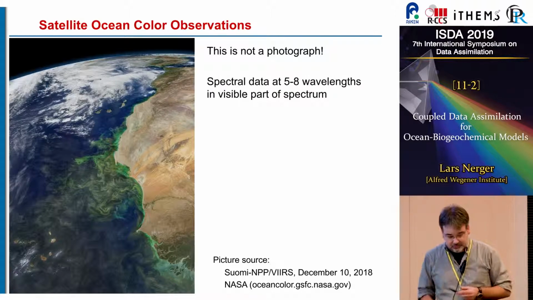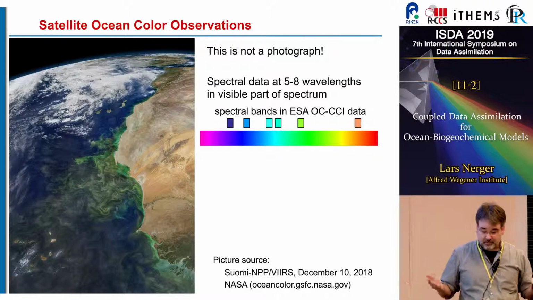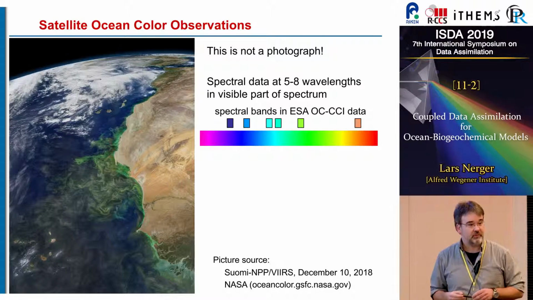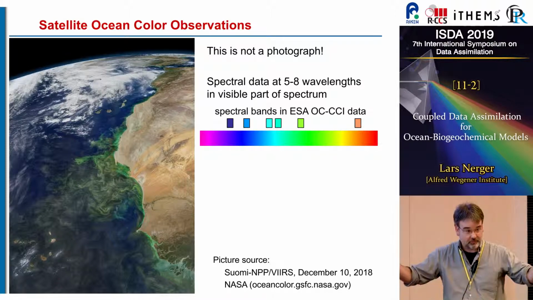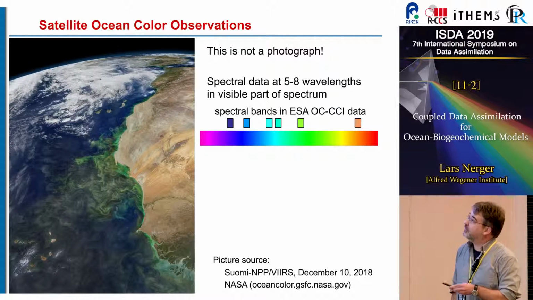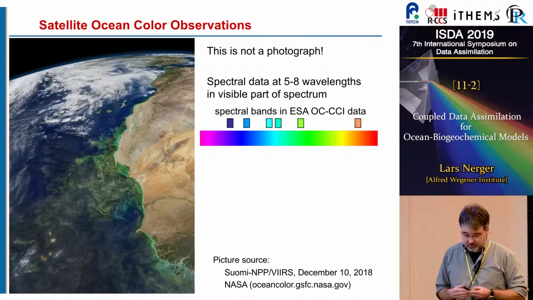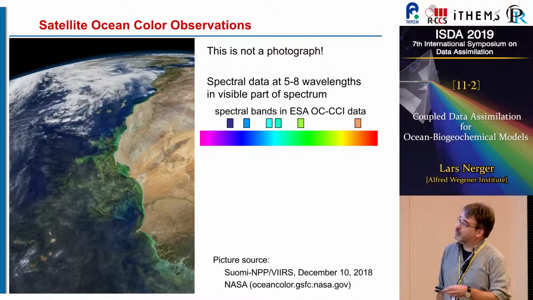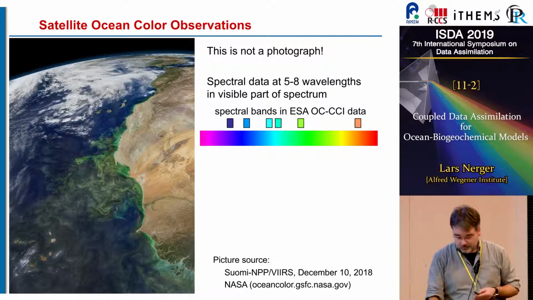What it is, these satellites, there are various of these satellites, they typically measure 5 to 8 wavelength bands in the visible part of the spectrum. We see here one example of such 6 bands which are observed. From this you can make quasi-realistic pictures.